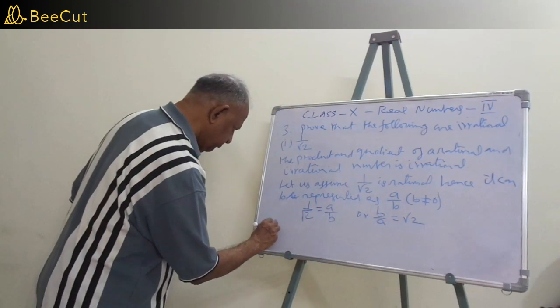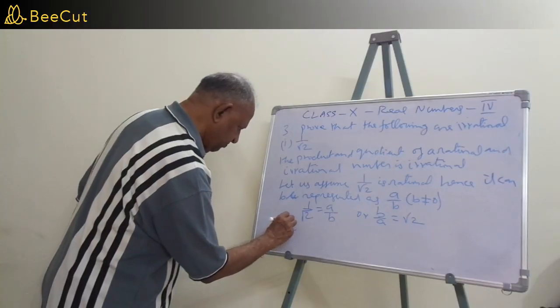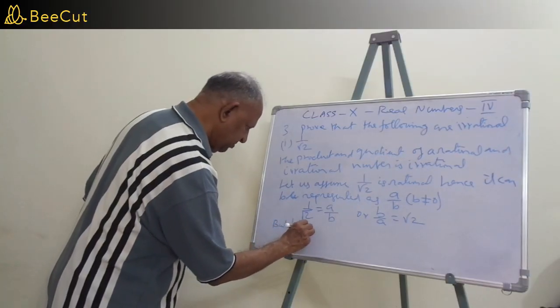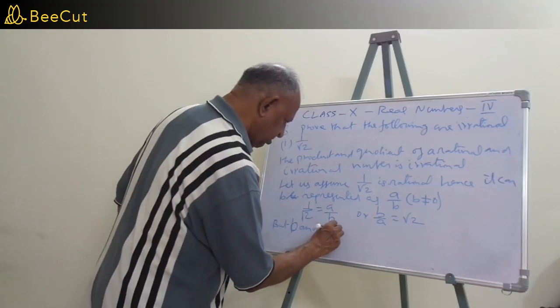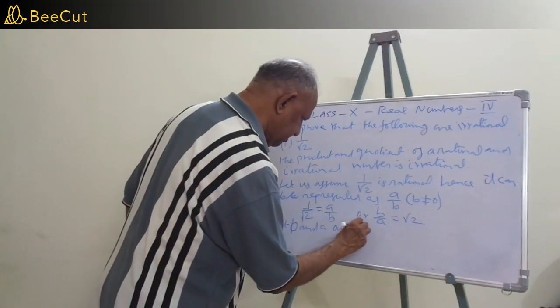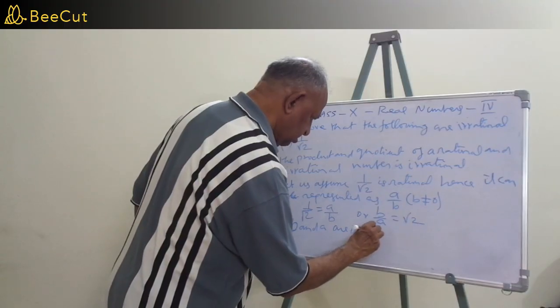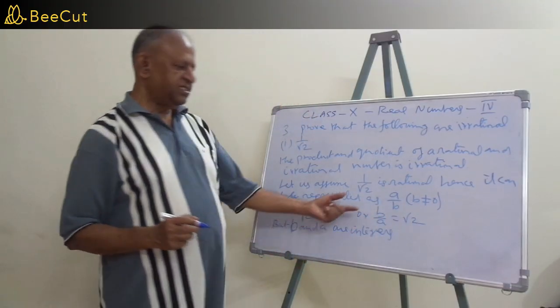But b and a are integers, hence rational.